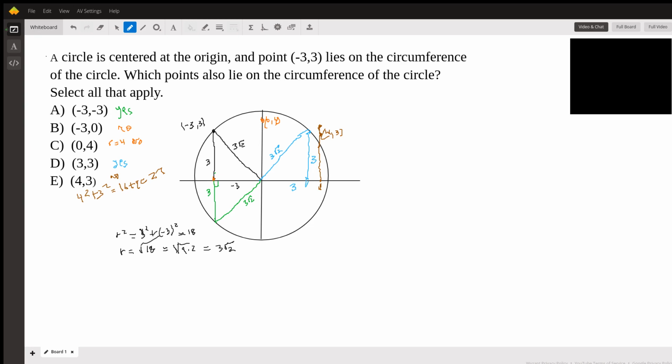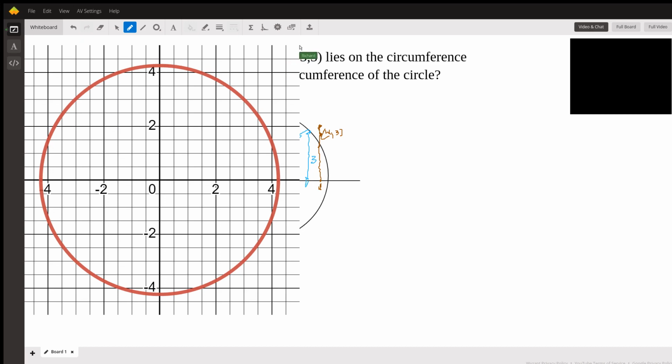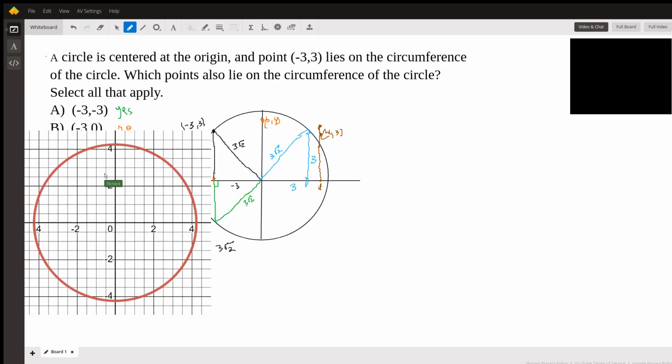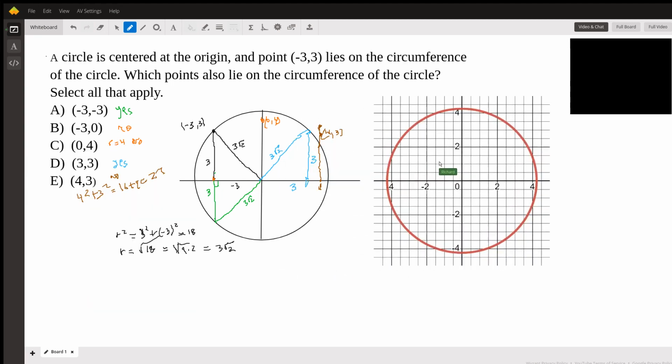I love Desmos, and if you're not familiar with it, you should become familiar with it, because it will be available to you on the PSAT in October, if you're taking the PSAT in October, and it will be available to you on the SAT starting March of next year. So start using Desmos a little bit. I think you'll like it.